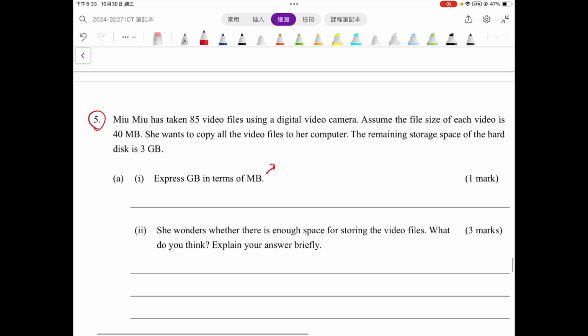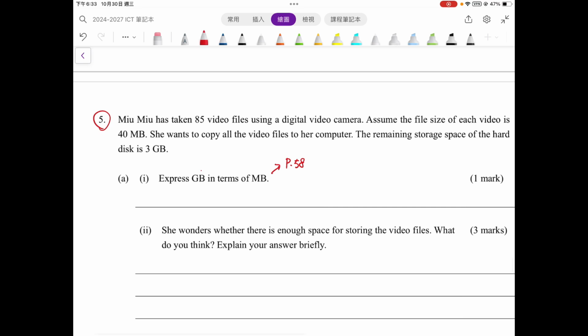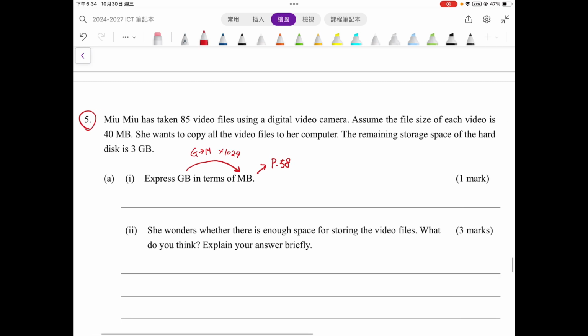So this is again about the conversion of units. Just refer to page 58. Okay? We know that from gigabytes to megabytes, because it is just the change of G to M, we just need to multiply the number by 1024 and we should get the number in MB.